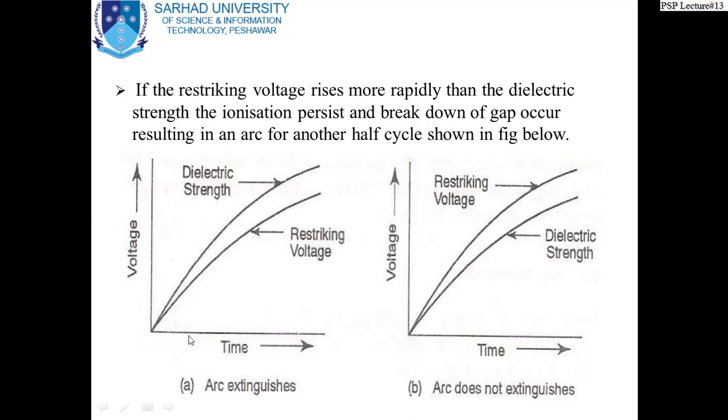Now you see in this figure, this axis is the time axis and this is the voltage axis, and it also shows the dielectric strength. So two activities are taking place simultaneously. One is the increase in the dielectric strength of the medium. How is the dielectric strength increased?